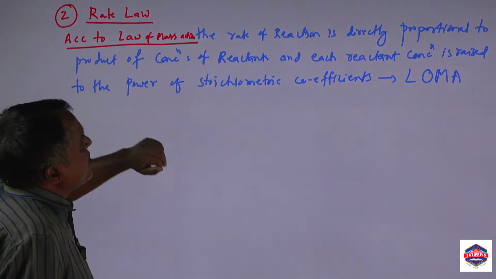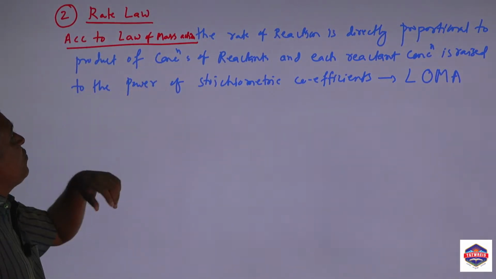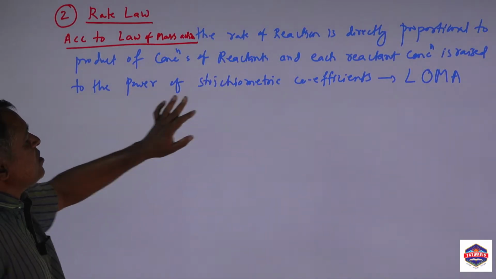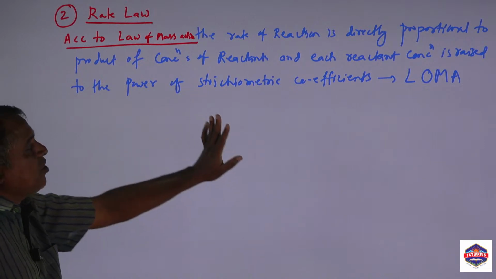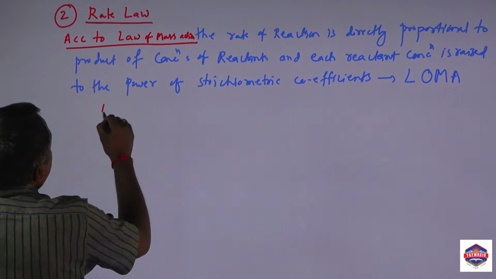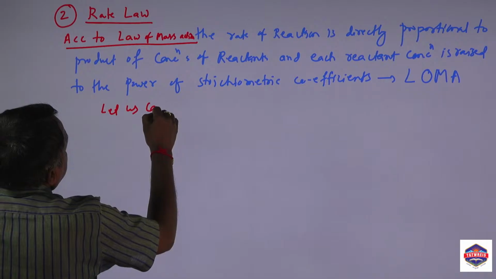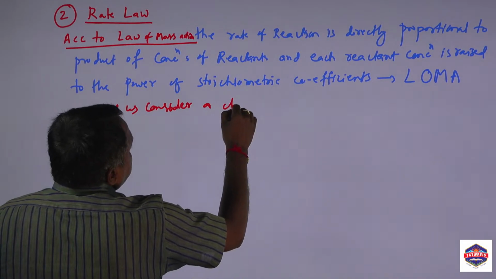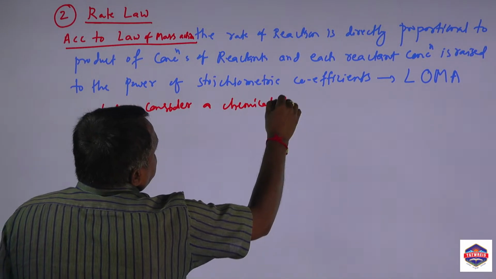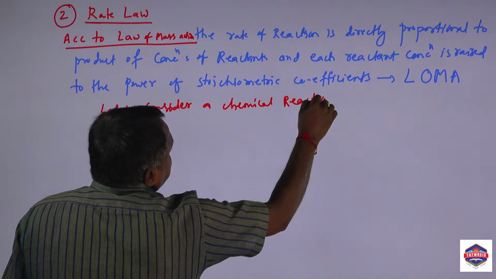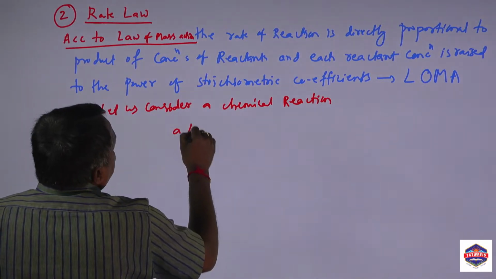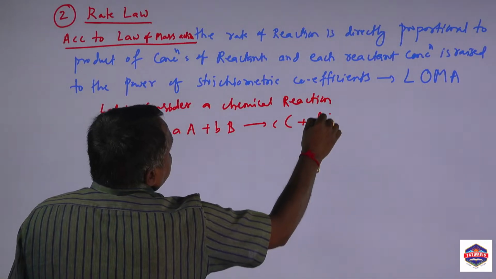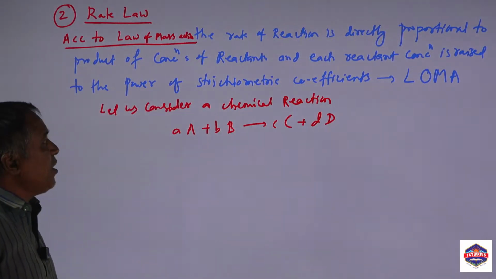The rate of reaction is directly proportional to the product of concentrations of each reactant, and each reactant concentration is raised to the power of their stoichiometric coefficients. For example, let us consider a chemical reaction: aA plus bB gives rise to cC plus dD. This is one stoichiometric equation.